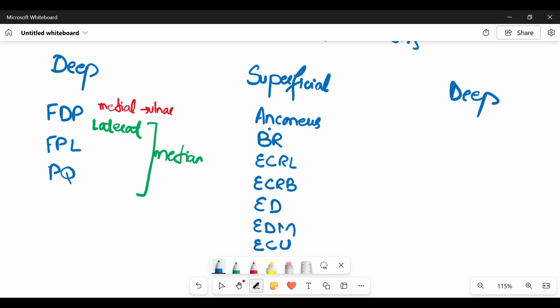Now, among the deep extensors, we have the supinator muscle, the abductor pollicis longus, extensor pollicis brevis, extensor pollicis longus.